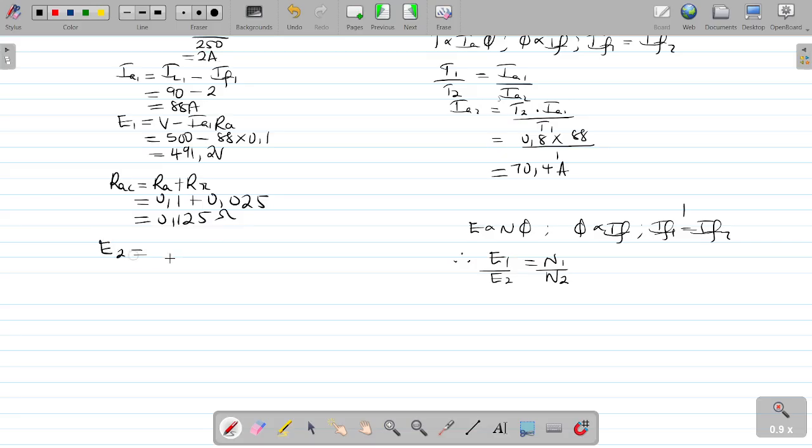You look for your E2 using V minus IA2 RAC, where we have 500 minus our IA2, we got 70,4 times 0,125. 500 minus 70,4 times 0,125, and we are getting this number which we have never seen before in our lives.